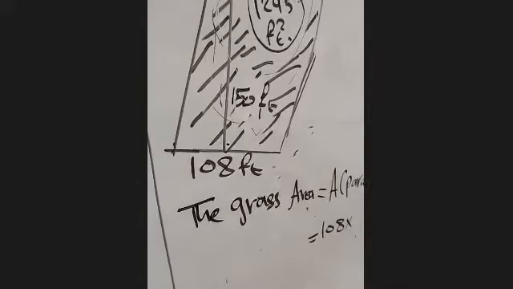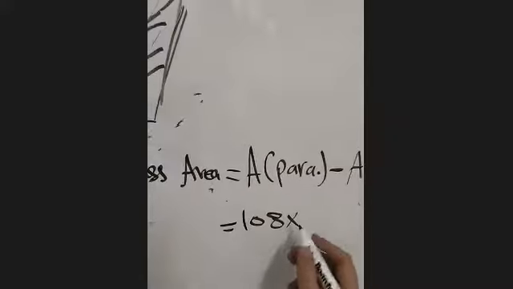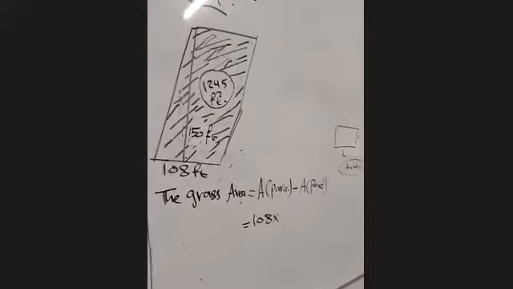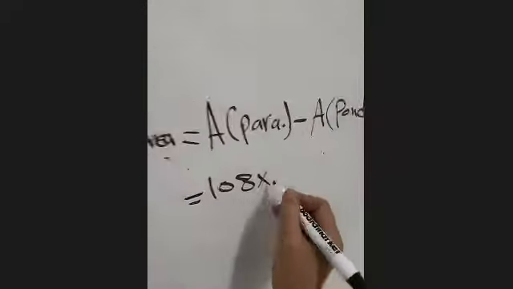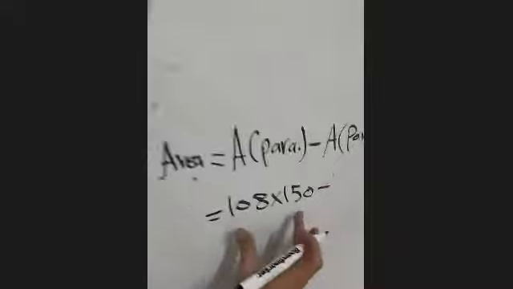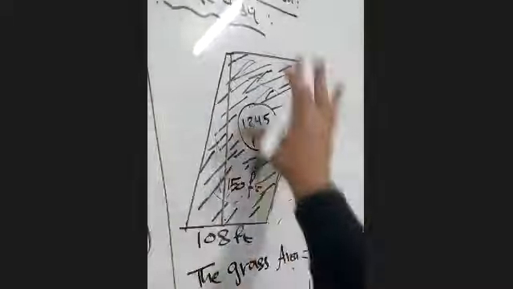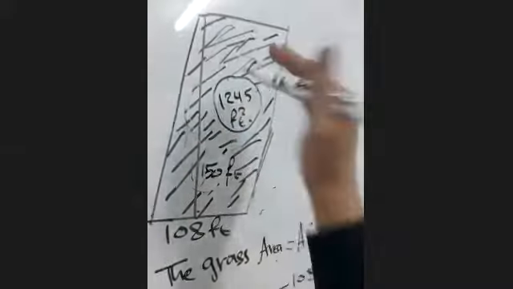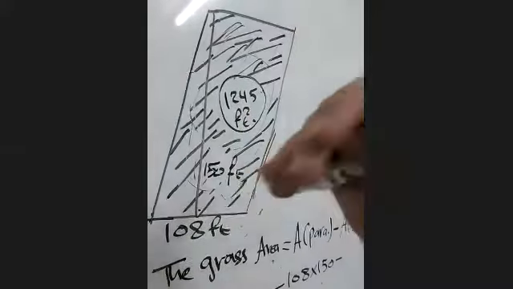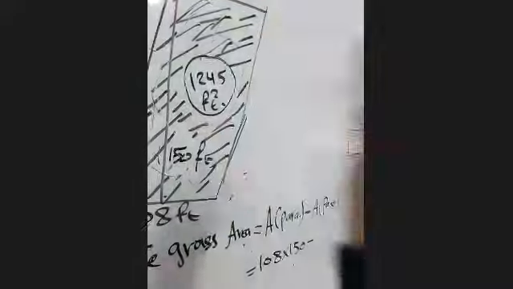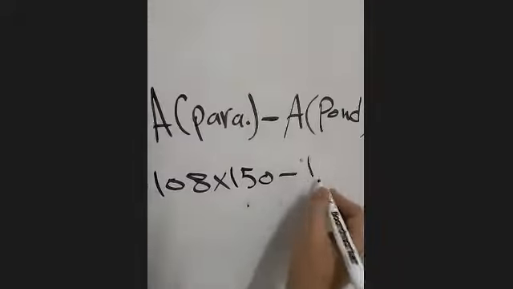Multiply. What's the height? 150 feet. Minus, this is the area, base multiply height for the parallelogram, the whole area with the pond. Now we want to remove the pond. Minus the area of the pond. How much? 1,245.